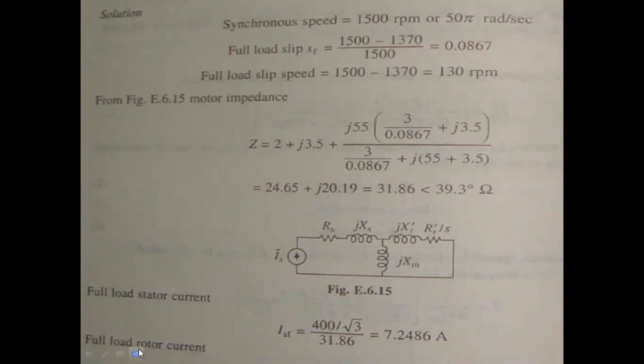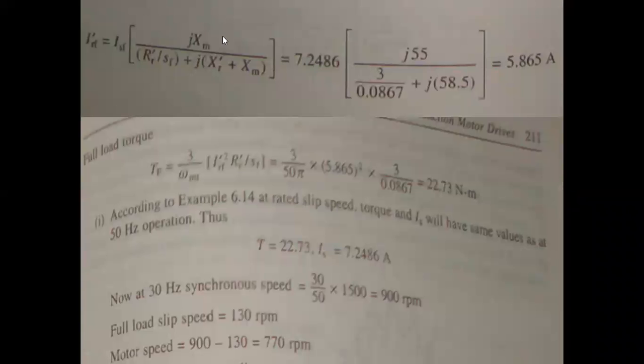Now we have to find out the full load rotor current. I dash RF is equal to ISF into JXM by RR dash by SF plus J into XR dash plus XM. ISF value, 7.2486, we have found before, and the rest are given values in the data. If you substitute, you will get I dash RF is equal to 5.865 amperes.